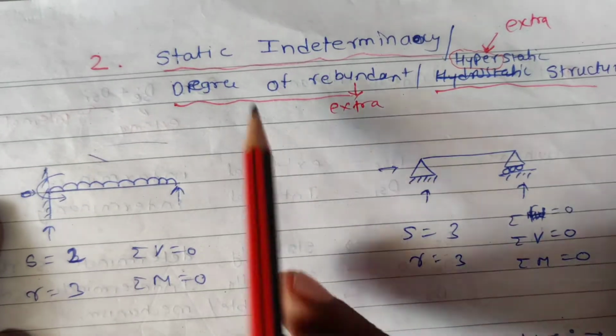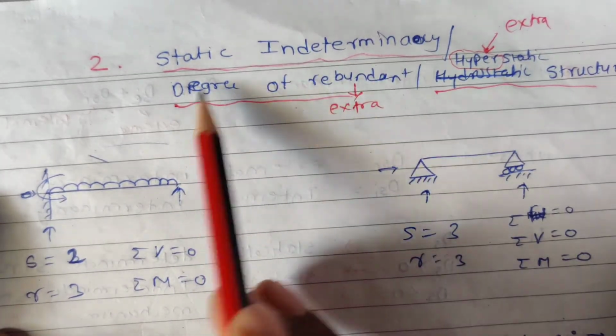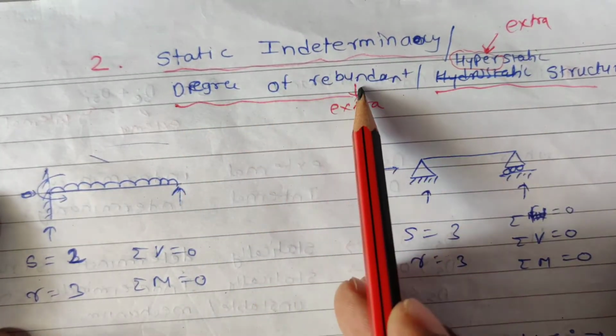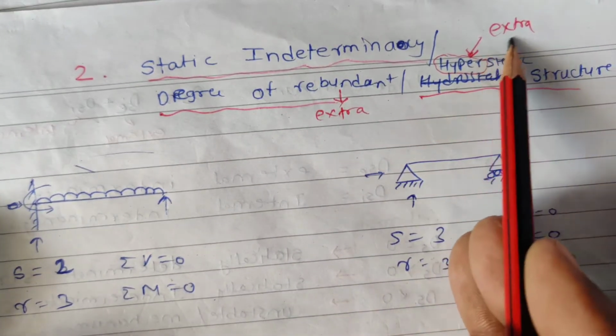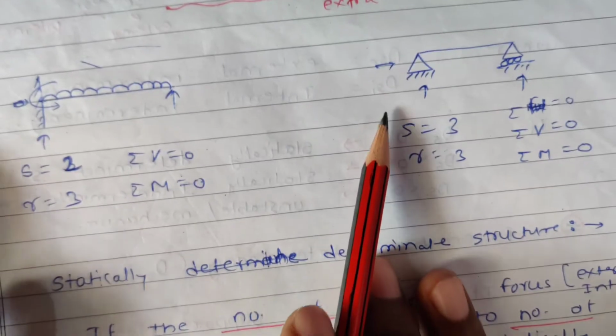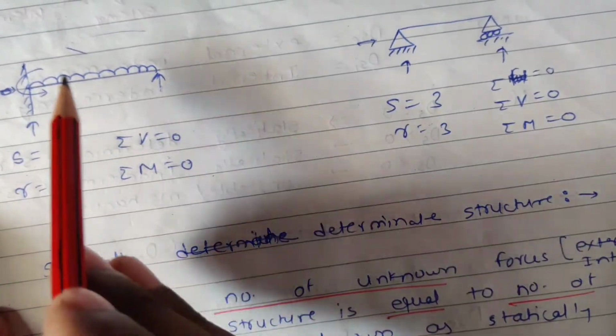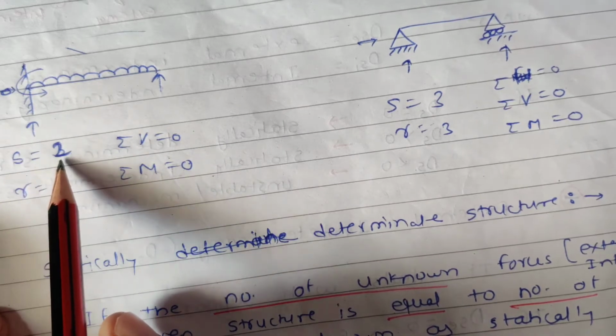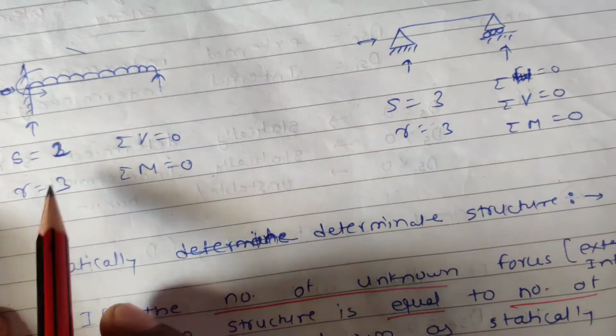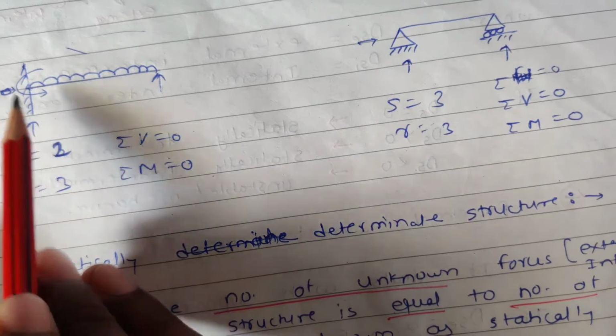Let's start today's topic: static indeterminacy, degree of redundant and hyperstatic structure, which is nothing but extra. What is this extra force in a structure that we are determining here? We discussed a lot of problems in the previous lecture.